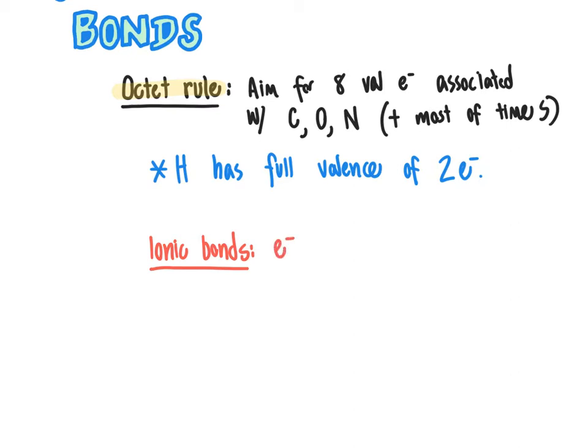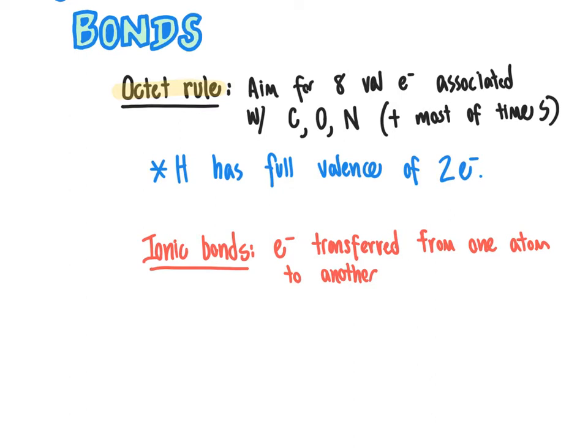So an ionic bond formation involves the electron transfer from one atom to another. And the goal of this, again, is to satisfy having a full valence shell of 8 electrons if it's an atom that follows the octet rule. So we're looking at the transfer of electrons from one atom to another.